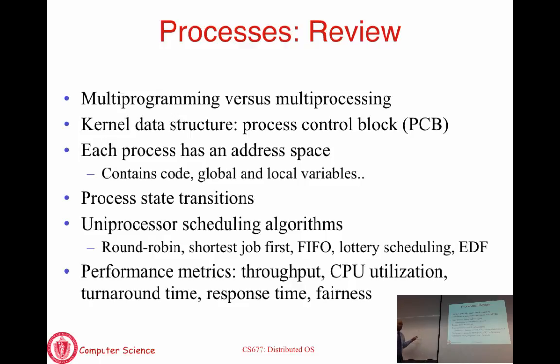Most of the time there will be other segments associated with the process for things like synchronization and other things, but you should at least know that there are 3 important ones: the stack, heap, and the code segment. Any questions on that? So that's what a process looks like from an address space perspective.